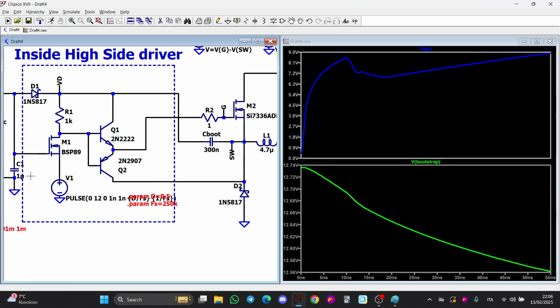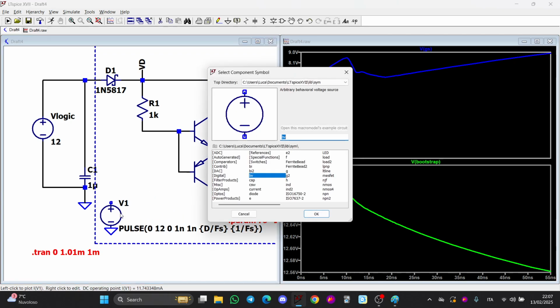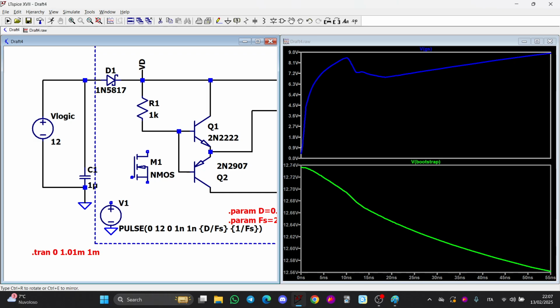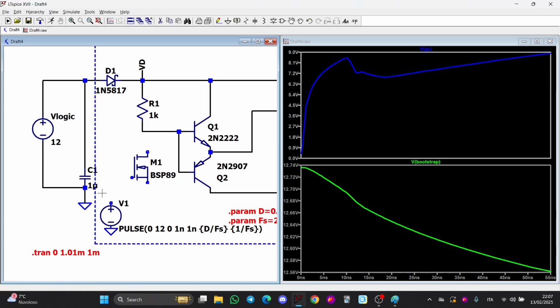Now, as I said before, you can toggle this guy here and put, instead, a common source level shifter. Okay, it's the same, but it is just inverted.